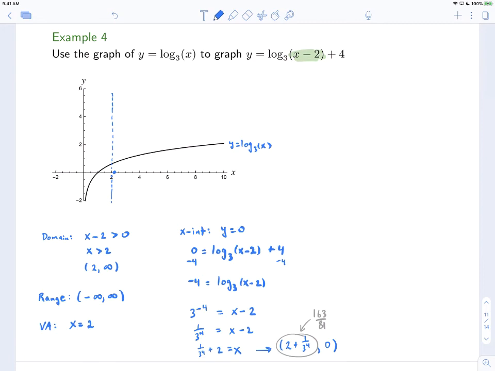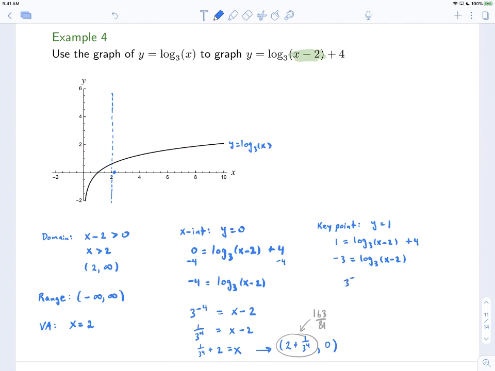We want to do the key point now as well. So the key point is where y is equal to 1. So it's going to be a similar computation to what we just did. So 1 is equal to the log base 3 of x minus 2, plus 4. So you subtract 4 from both sides, and you get negative 3 equals log base 3 of x minus 2. So negative 3 is the power of 3 that gives you x minus 2.